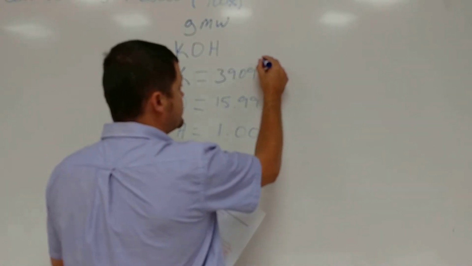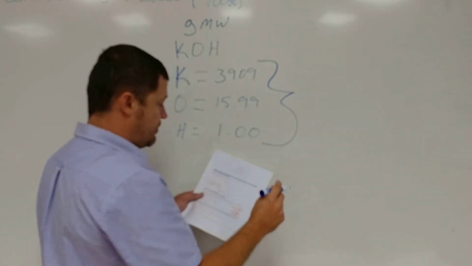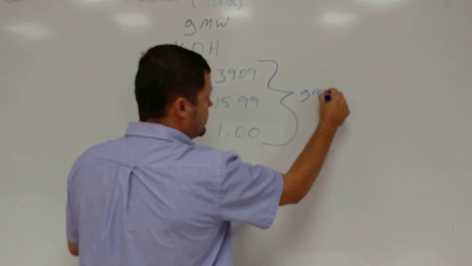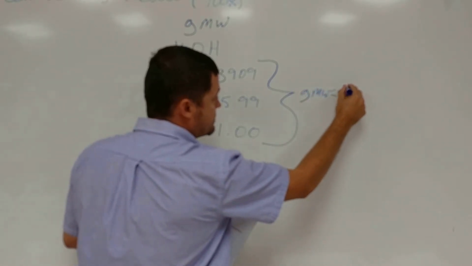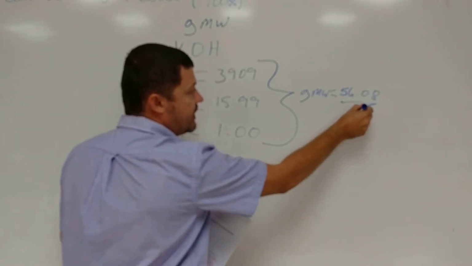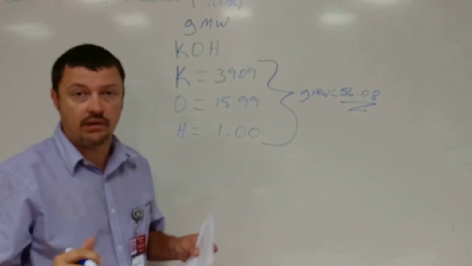And then you essentially just add all of those up, and that's going to come to a GMW of 56.08, and that is your answer. Pretty simple on that, not too bad.